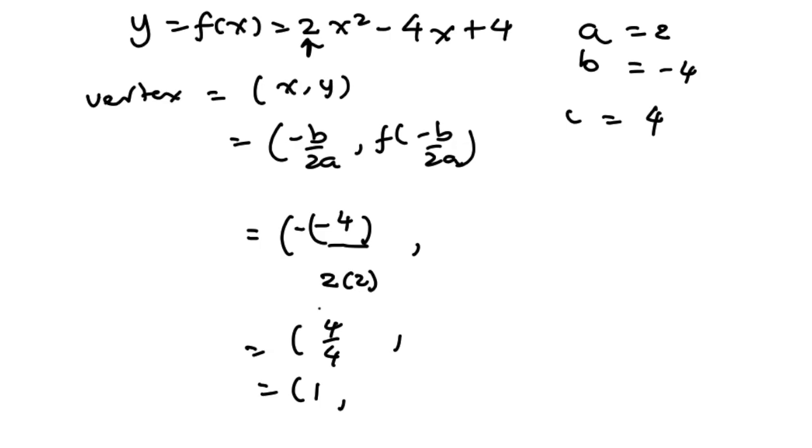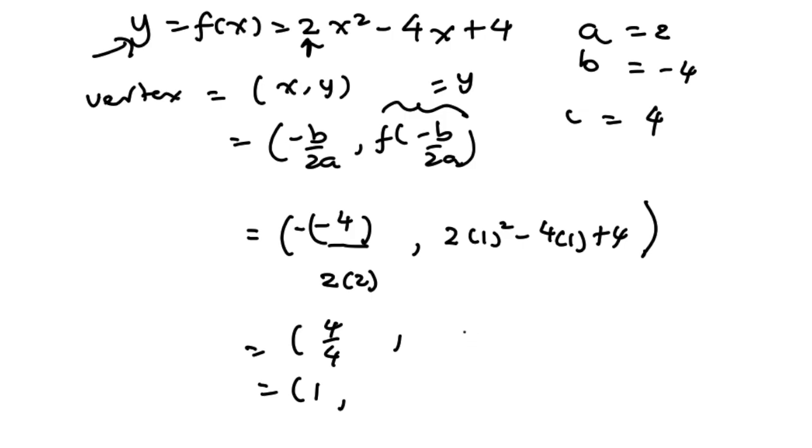Now you substitute this back into the original equation, because you need to get y. So it becomes 2 times 1 squared minus 4 times 1 plus 4, which is 4 minus 4 plus 4, equal to 4. That's the answer for the vertex for this graph.